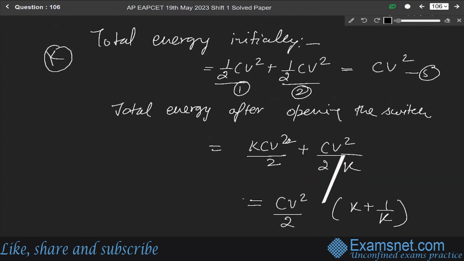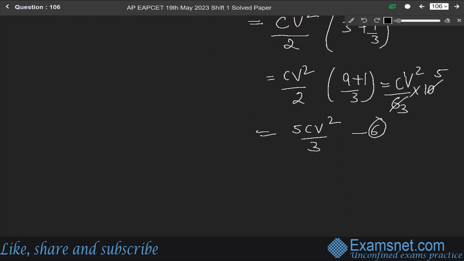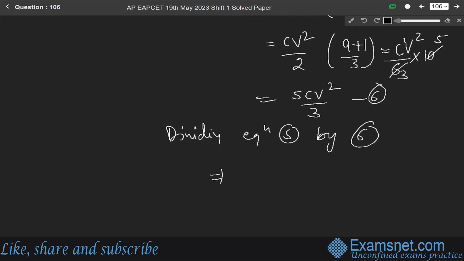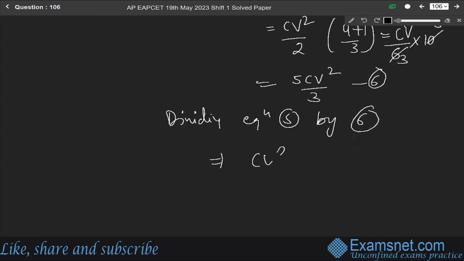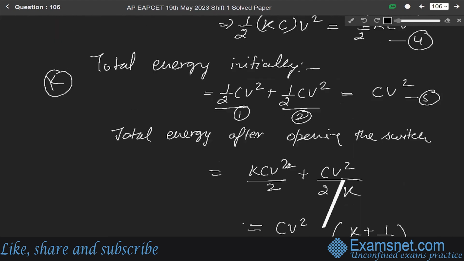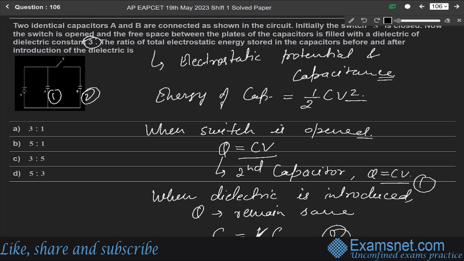Now dividing equation 5 by equation 6, the fifth equation is CV square and the sixth equation is 5 by 3 CV square. This CV square cancels. We get 3 over 5, which is the ratio of the electrostatic energy stored in the capacitors before and after the introduction of the dielectric. So our correct answer is option C, 3 ratio 5.